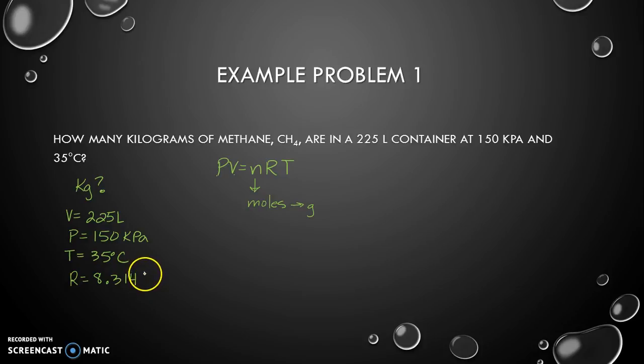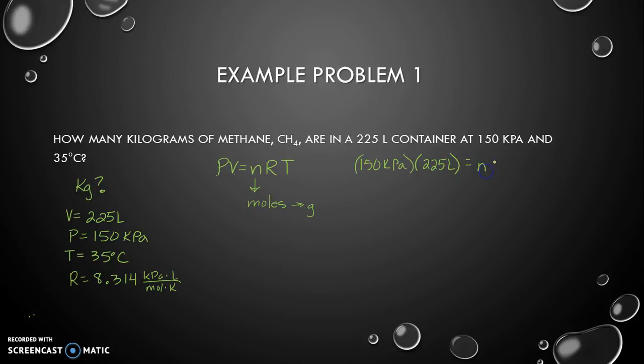That's kilopascals times liters over moles times Kelvin. Sorry about that, guys. All we have to do is plug all this in and solve for the variable that we don't have. So our P is 150 kilopascals. Our V is 225 liters.